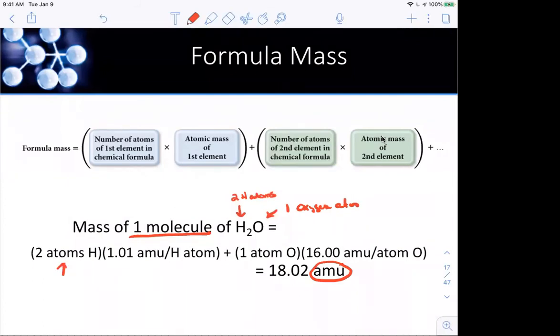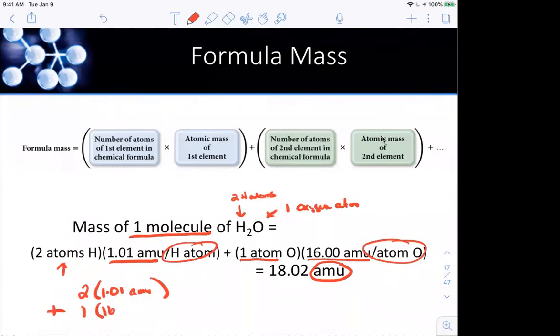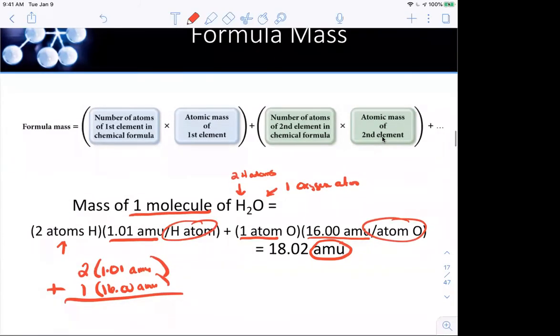So I have 2 atoms times the mass per hydrogen atom, plus 1 atom of oxygen times the mass of 1 atom of oxygen. You can do this as this conversion, but you don't have to put in this conversion at the bottom. You can just do 2 times 1.01 AMU plus 1 times 16.00 AMU. And when you get that answer, it's going to be 18.02 AMU.